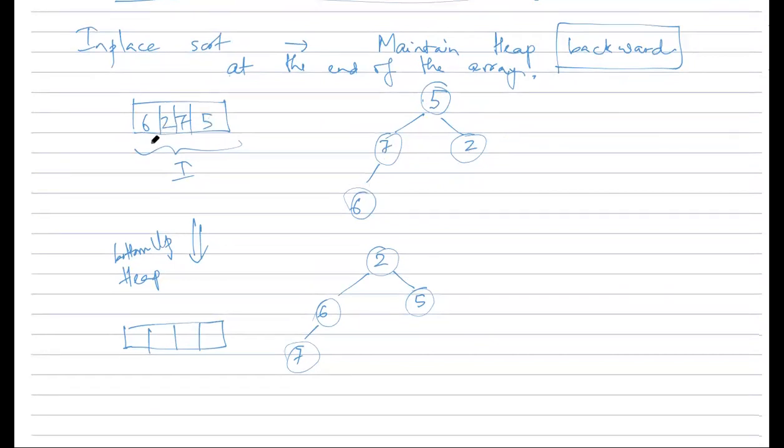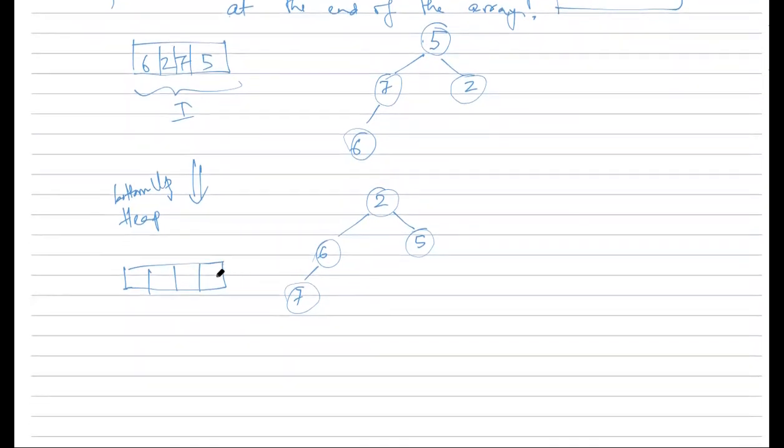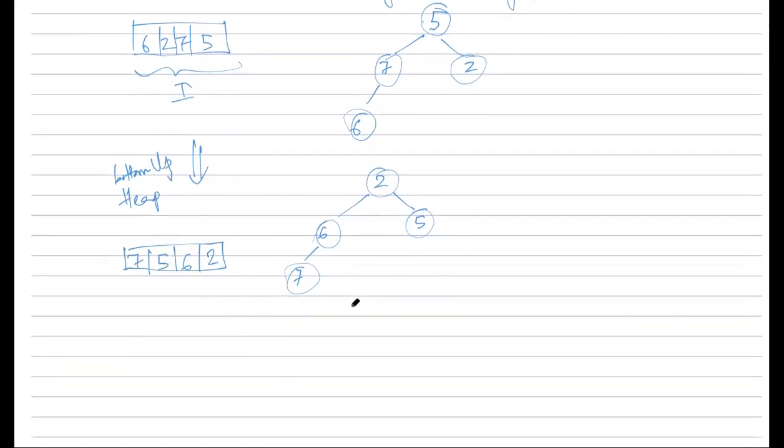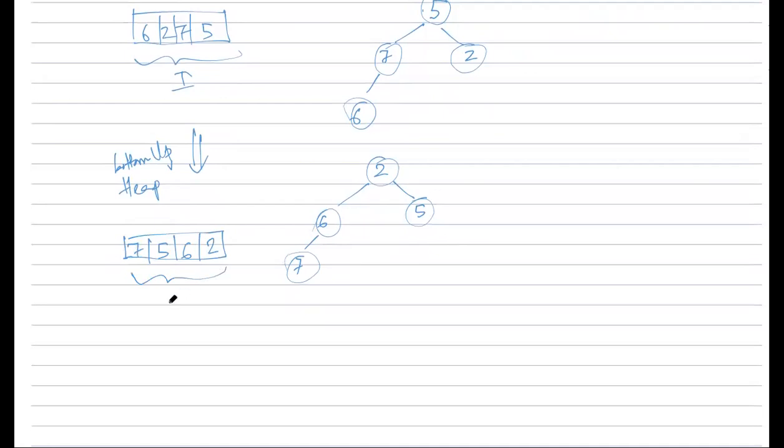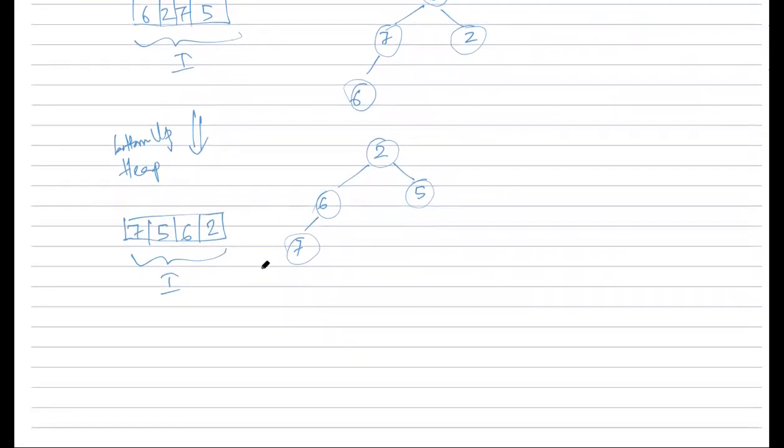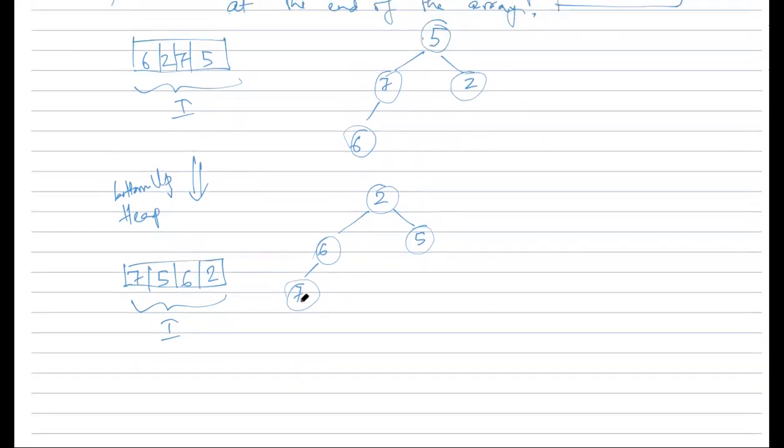And here, sorry, it's 2, 6, 5, 7. So this is the heap that we get after we are done with the maintenance of the heap order property.